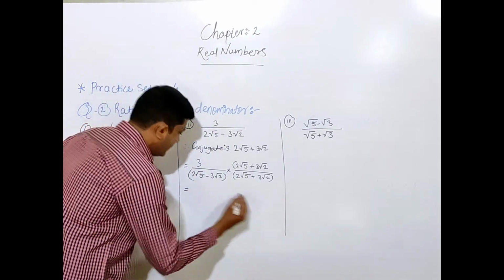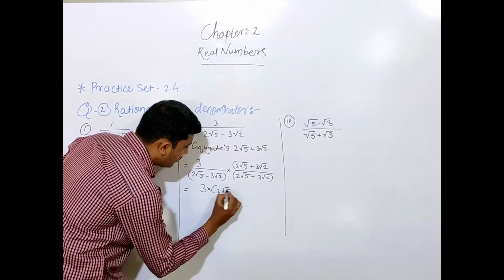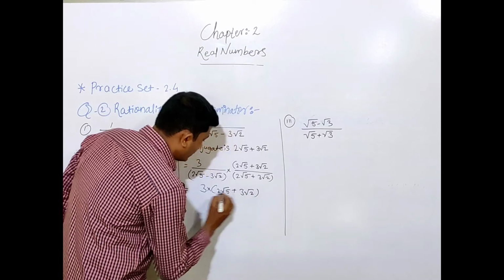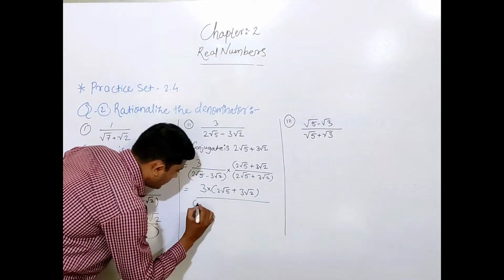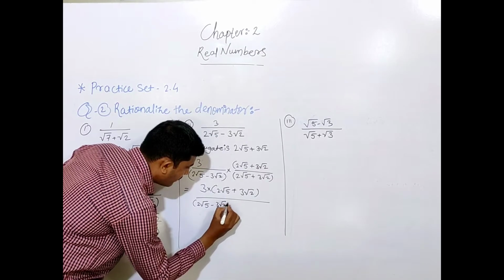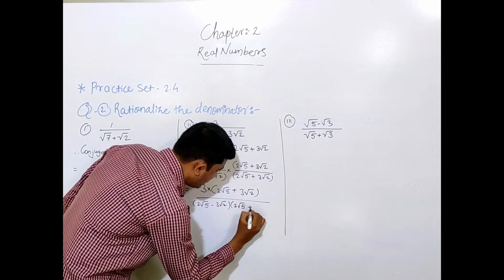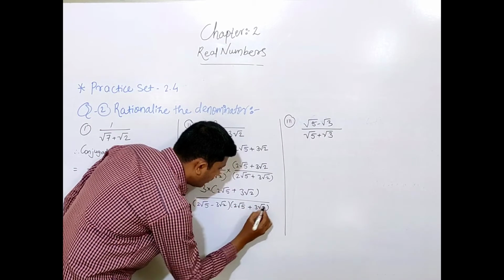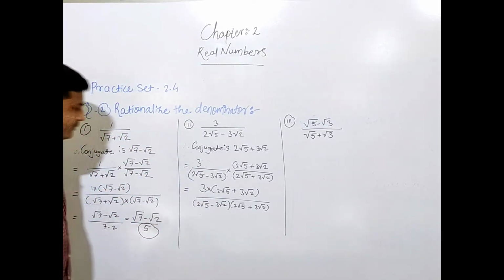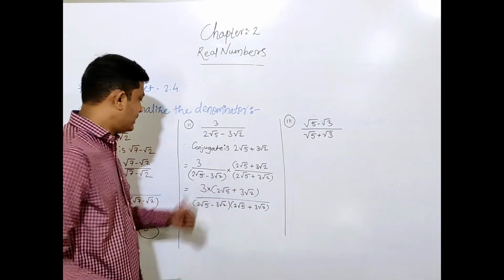Now here it will be simply 3 into 2 root of 5 plus 3 root of 2 upon 2 root of 5 minus 3 root of 2 into 2 root of 5 plus 3 root of 2. Here it was 1, so the numerator was as it is, but here it is 3. Now 3 will multiply to each and every term inside the bracket for the numerator.